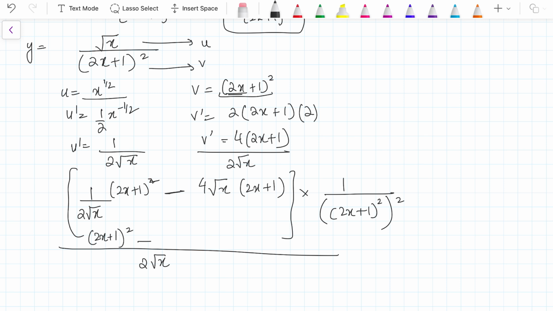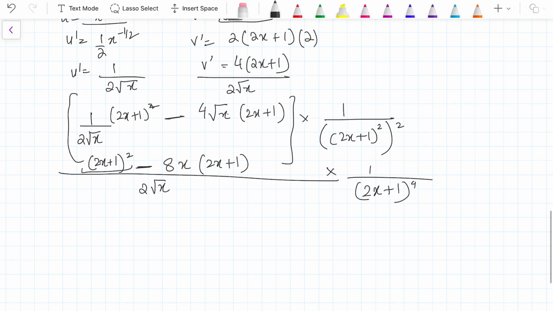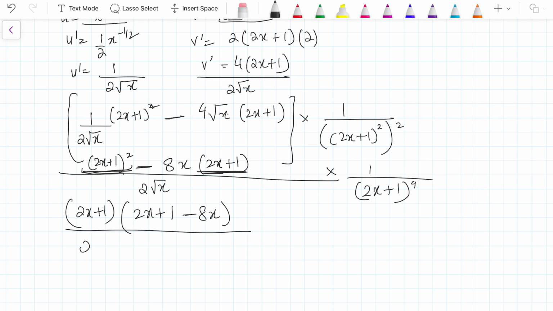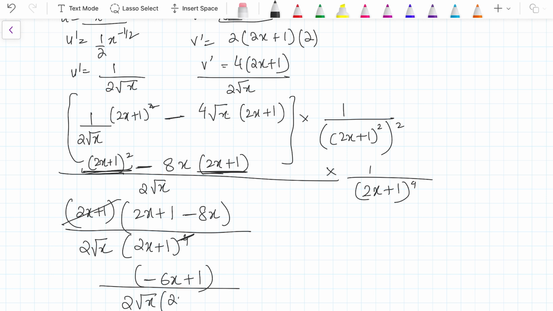Multiply this with the 2 root x minus 8. Root x becomes an x. Now 2x, you can open this up, or can I take a 2x plus 1 common out? I'm left with a 2x plus 1 inside, minus 8x. This cancels out with this. 2x plus 1 cube is what we are left with. So this is my dy upon dx.